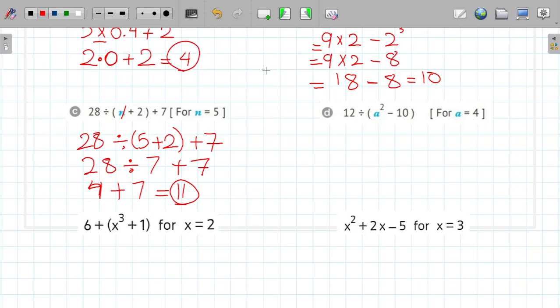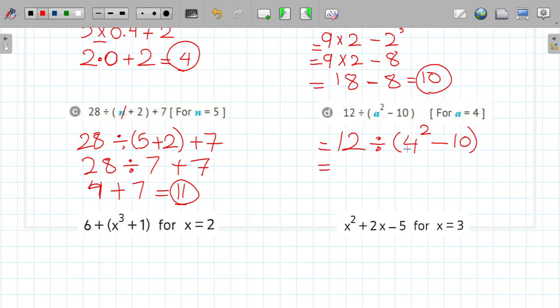Okay. Next, I have 12 divided by a squared minus 10. So I will replace a with 4. So it will be 12 divided by 4 squared minus 10. Okay.